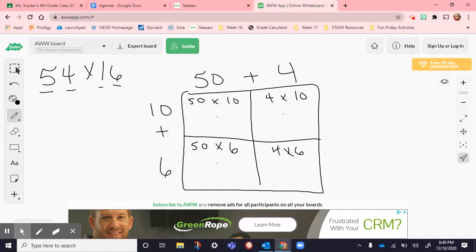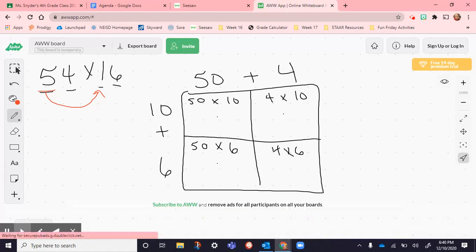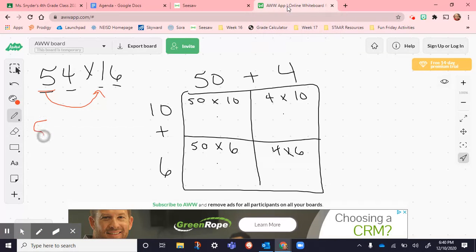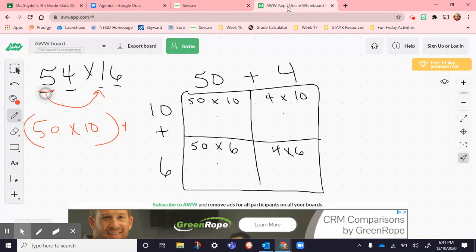So what I did right now is the distributive property. And what that looks like is you're taking this value here, this 5, which has a value of 50, and here you're multiplying it by the 1, which has a value of 10. So this is where I got the 50 times 10. So you put that in parentheses, plus take the 5, which is a 50, and multiply it by the 6, which is what I did here, 50 times 6.